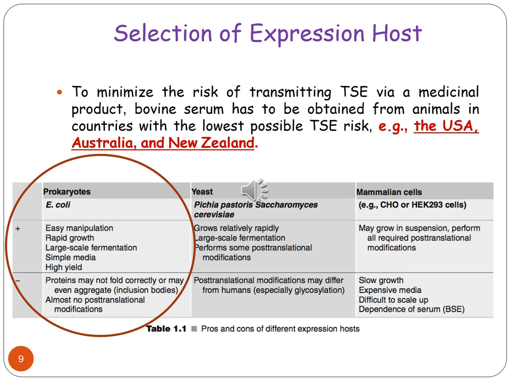Overnight we can have a huge number of E. coli cells. Also, we can have large-scale fermentation. Overnight we can have a big number of bacterial cells, all of which express the gene and produce the desired protein.